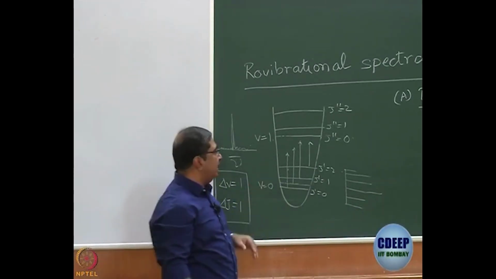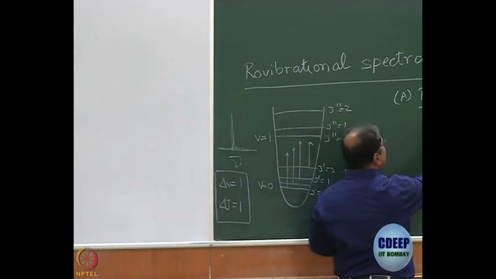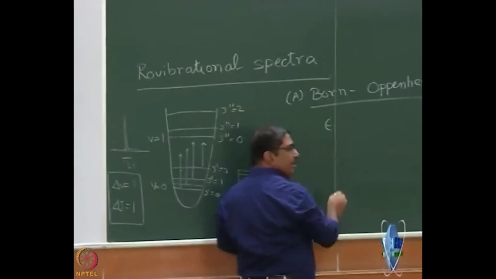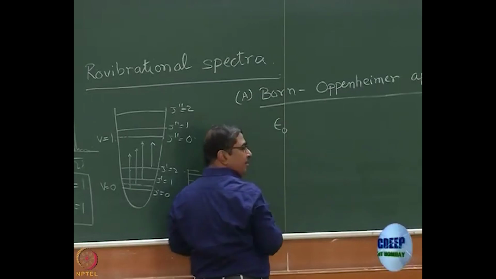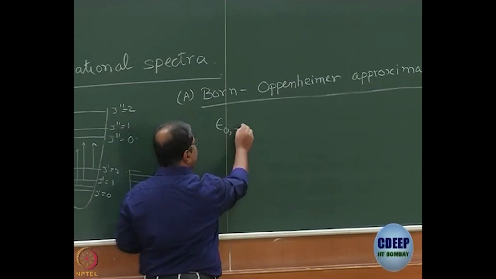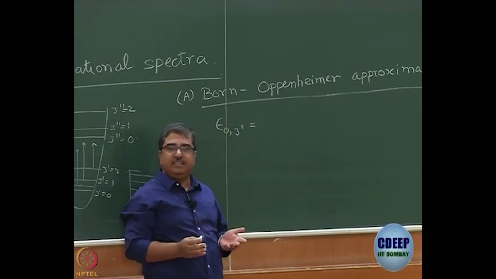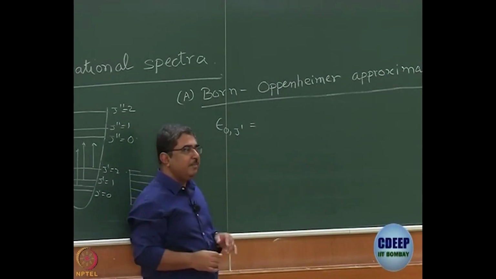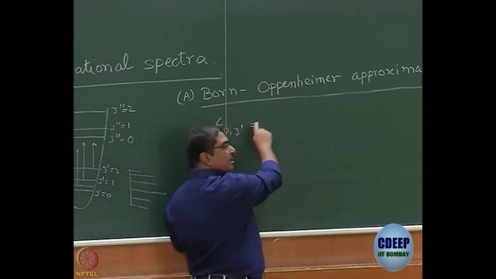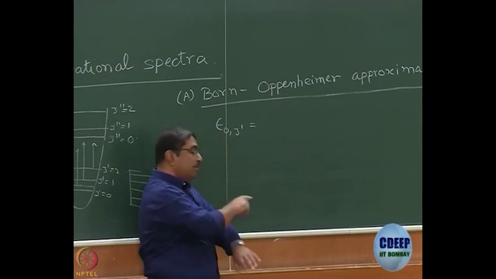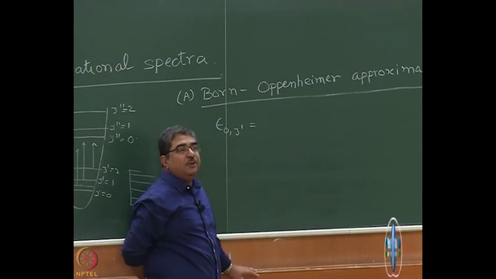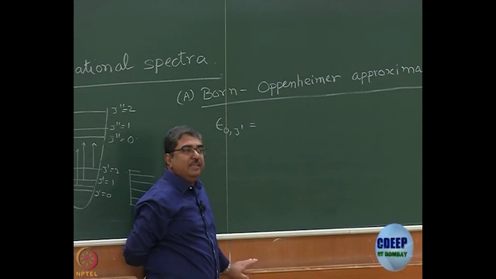alright. So, if that is the case, what is the energy say of V equal to 0 and J equal to J dash? It will be a sum of the vibration and rotation energies, right? What would that be? If you remember, and when I write epsilon, what do I mean? Do I mean centimeter inverse or do I mean joule? I mean centimeter inverse.